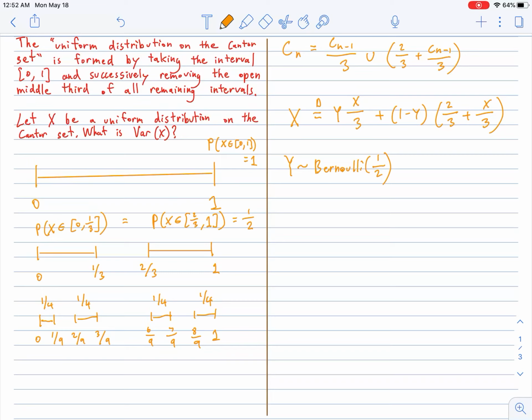So for example, if I take this expression here, which I'll call the star expression, and take the expected value of the star expression on both sides, we find the expected value of X equals the expected value of the right-hand side.